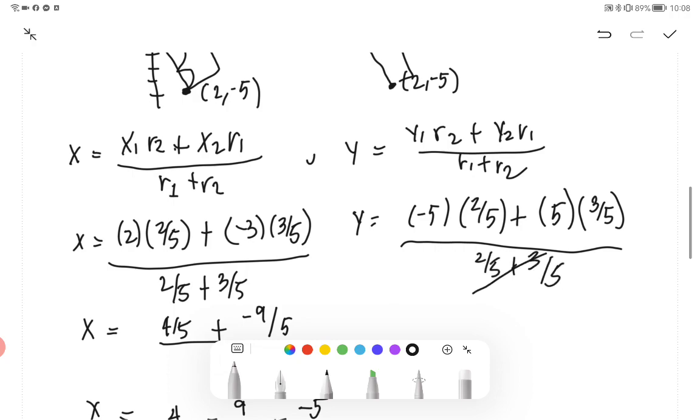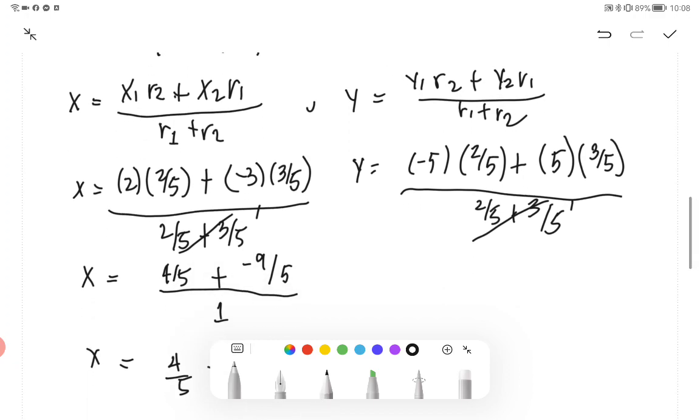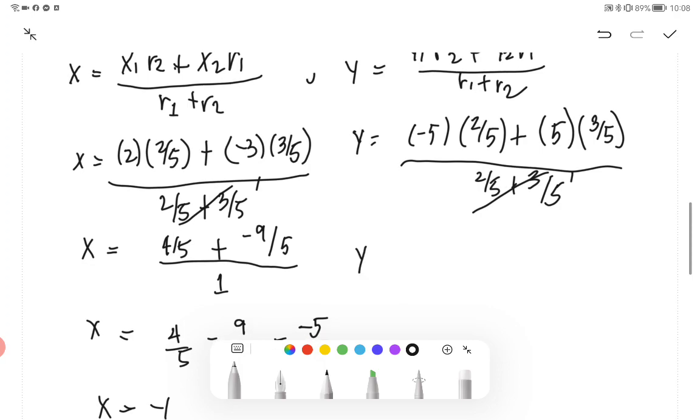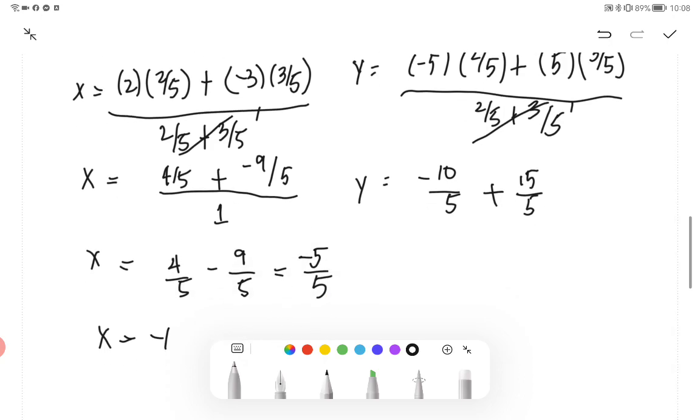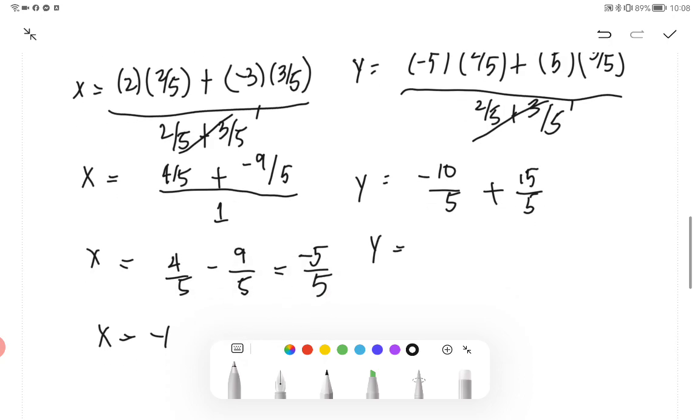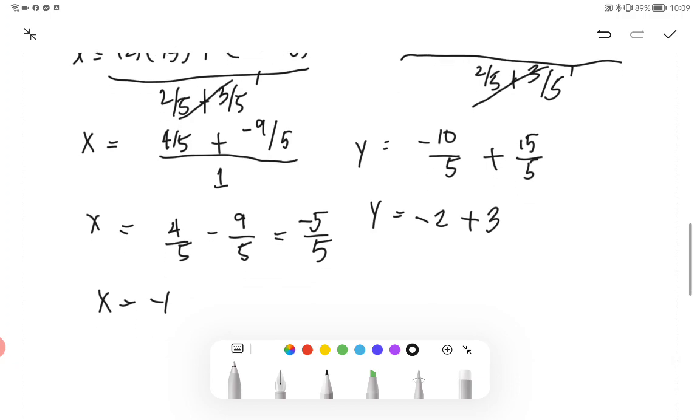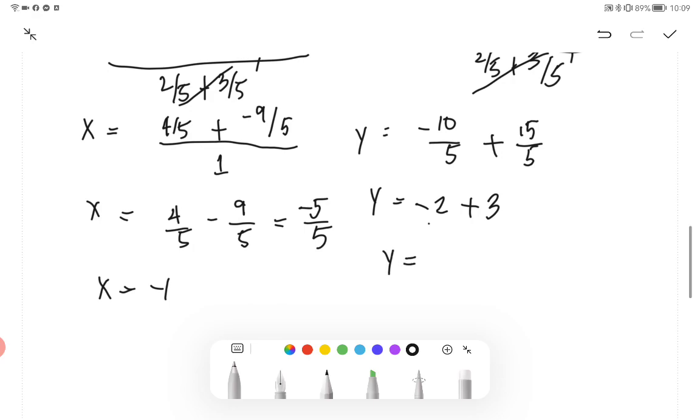So, same as this one, the denominator will be equal to 1. So, therefore, y is equal to -10 over 5 plus 15 over 5. Simplifying, -10 over 5 is -2 plus 15 over 5, which is 3. We have y equal to all over 1.